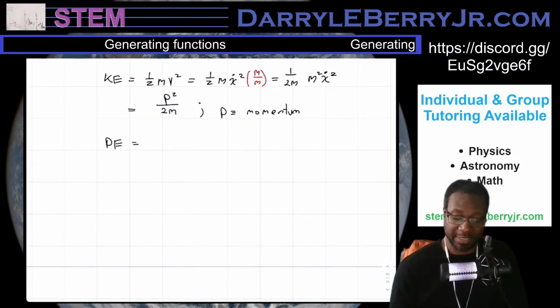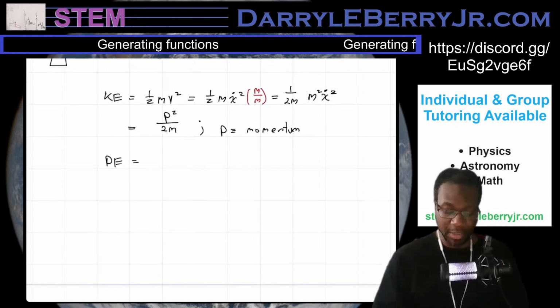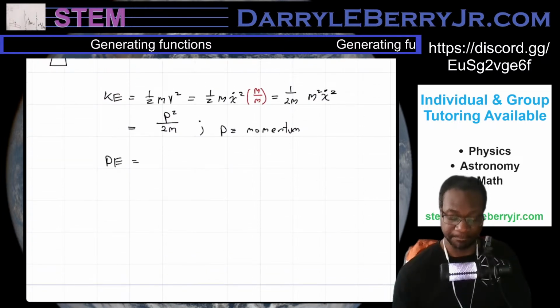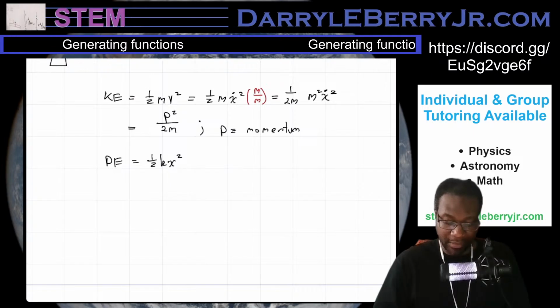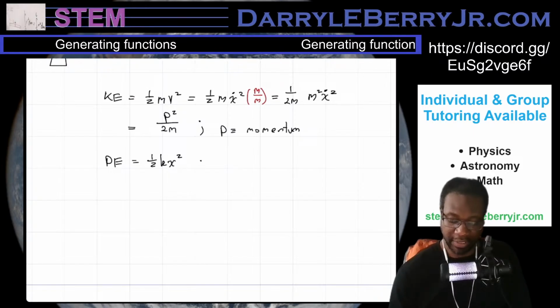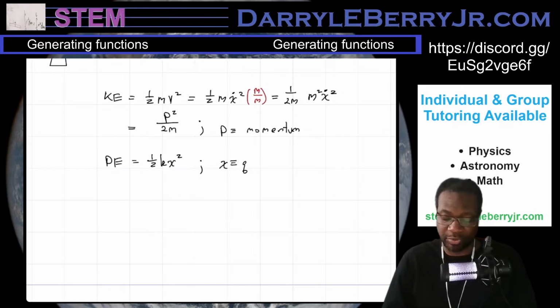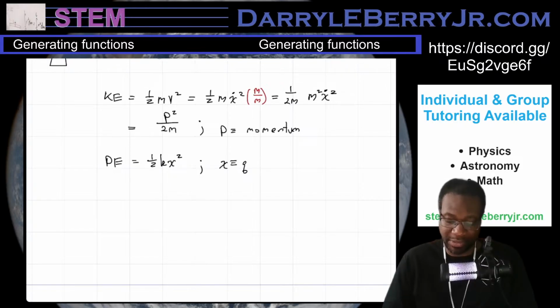It's slightly different than we might normally think of potential energy. So that's 1/2 kx squared. And they're calling x to be q. So x is defined as q. So x is our variable that's changing. So that becomes q. So we know p is the momentum.